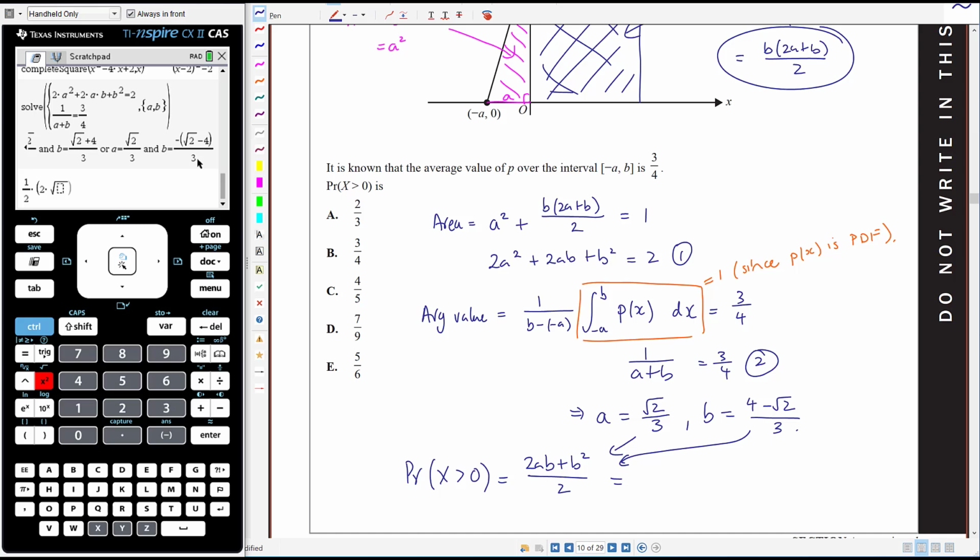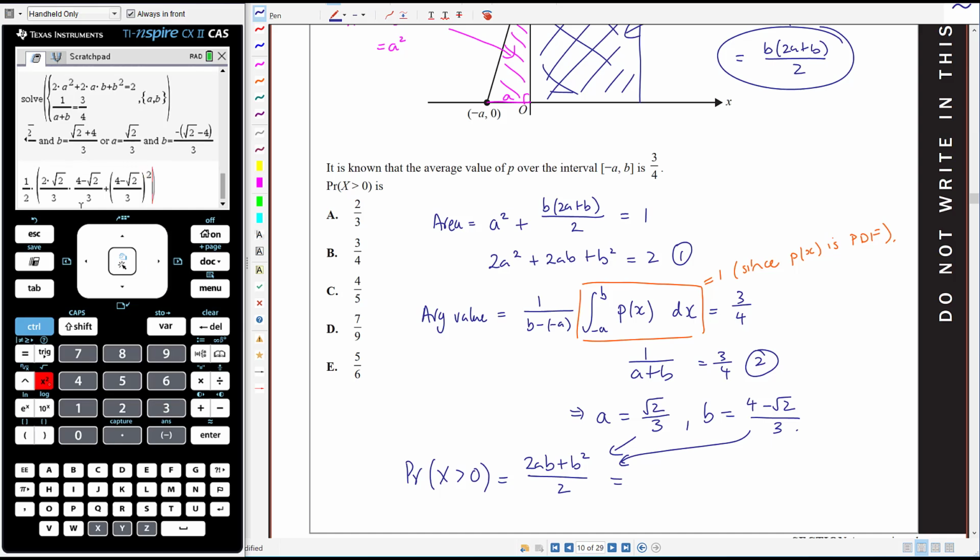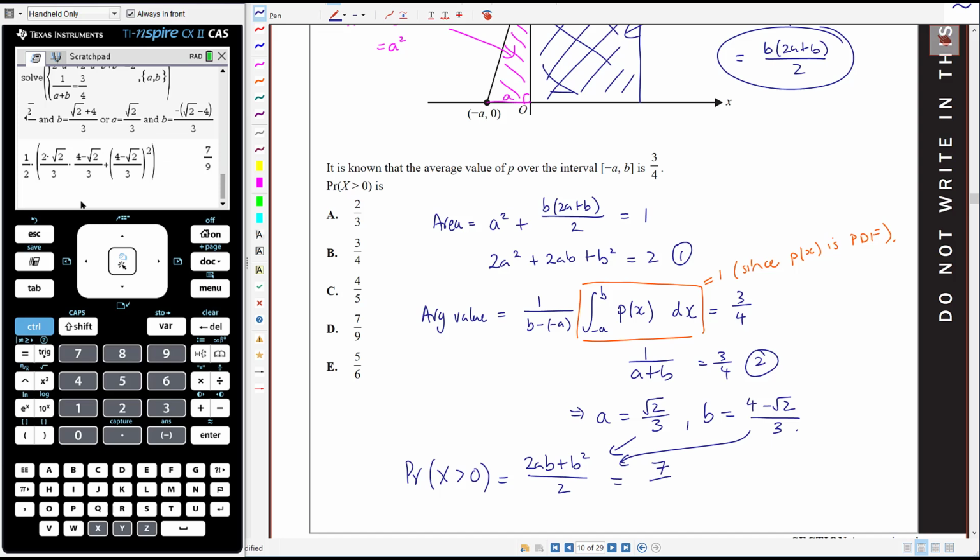So a is root 2 on 3, so that's 2 times root 2 on 3, and then we're going to do times b, which is 4 minus root 2 on 3, and then we've got plus b squared, so plus 4 minus root 2 on 3 squared, which is 7 on 9, so D.